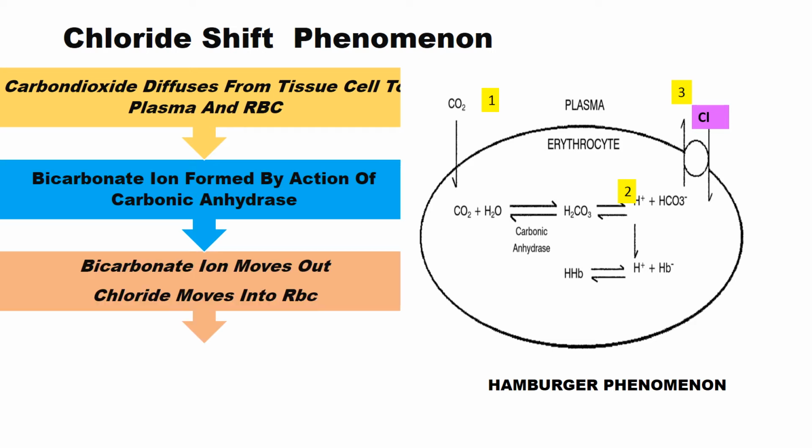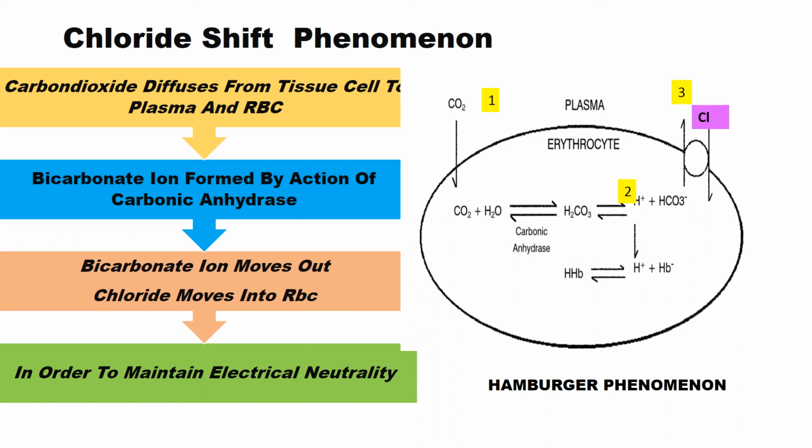The bicarbonate then diffuses out of the RBC into the plasma, causing the inside of the cell to become less negative. And now we know that the RBC membrane is relatively impermeable to cations. So what will happen now? Chloride, as you can see, starts to move inside the cell, that is, it replaces the bicarbonate in the RBC.